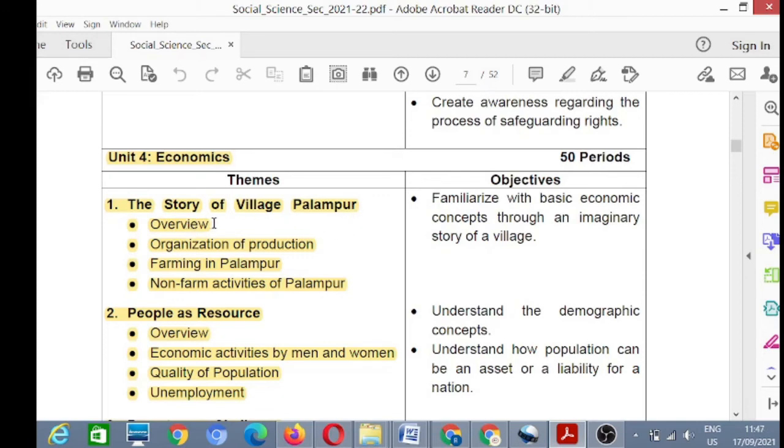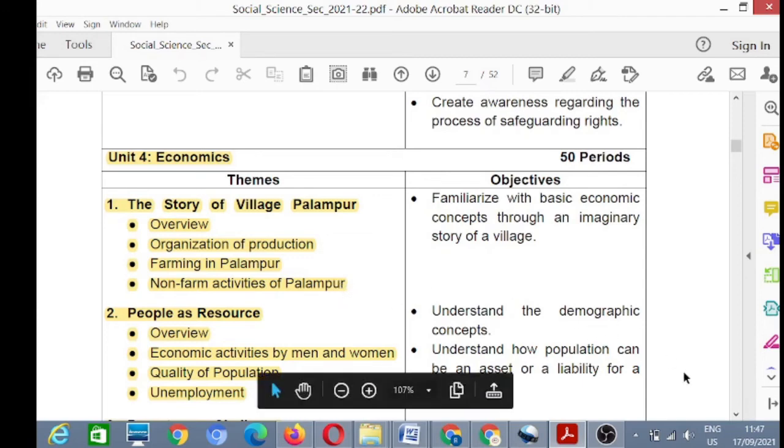So an overview of the case, then organization of production, then farming in Palampur, then non-farm activities in Palampur. The whole trade has been divided into two categories, farming and non-farming.